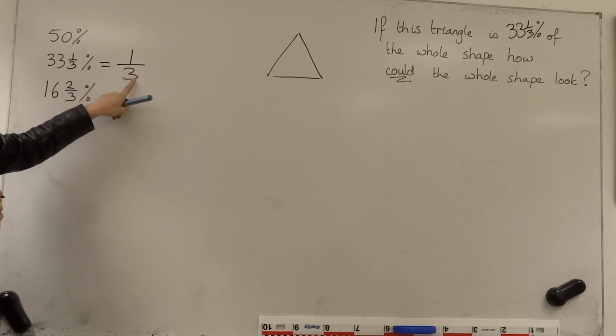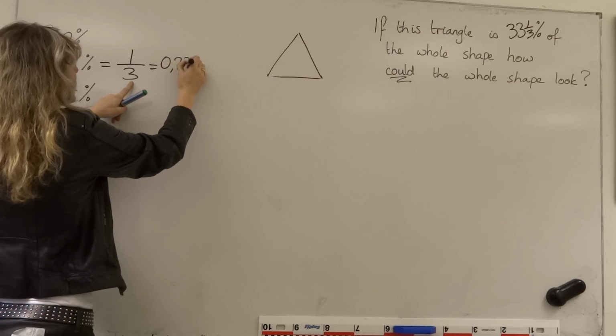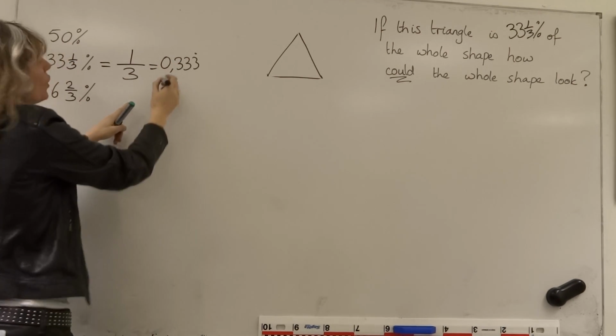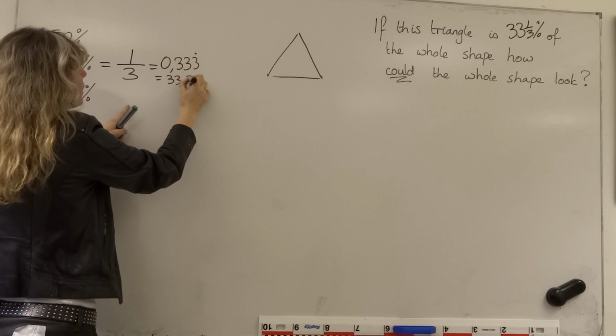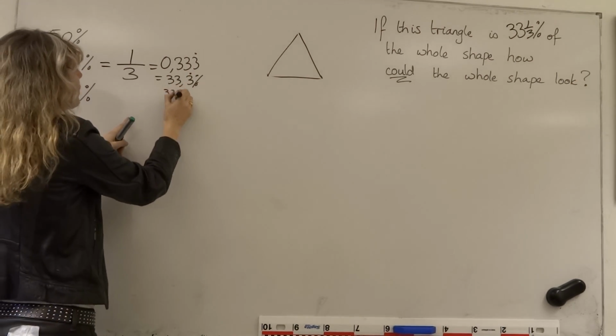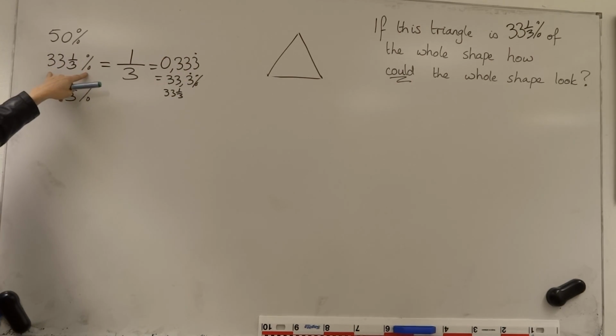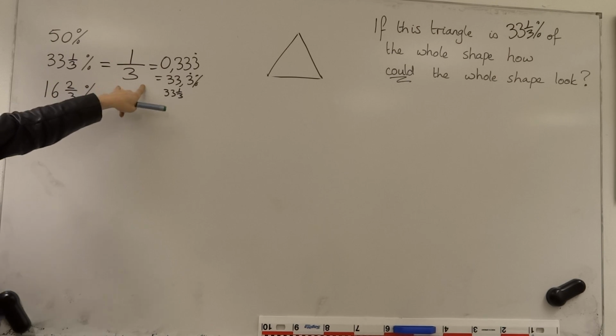Remember, when we work out what 1/3 is, we get the number 0.333 recurring, which is 33.3 recurring percent, which is 33 1/3. So we have to recognize that 33 1/3% is exactly the same as a fraction 1/3.